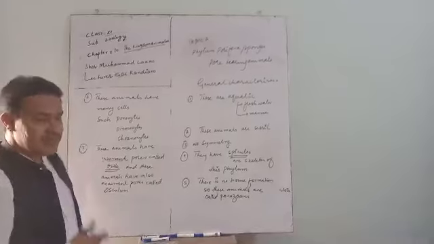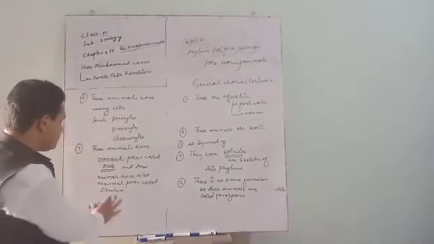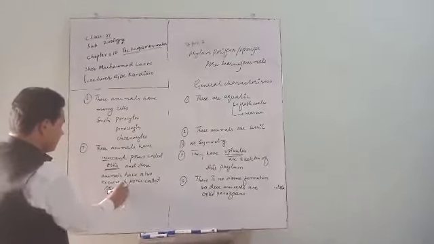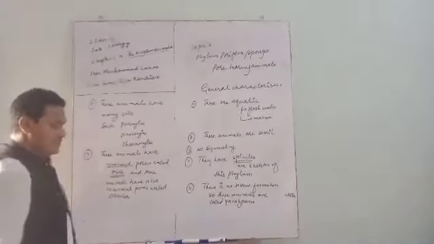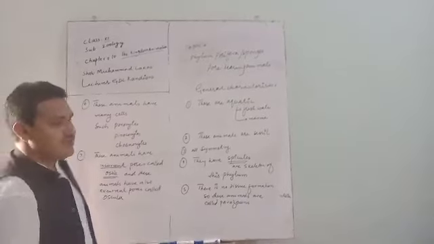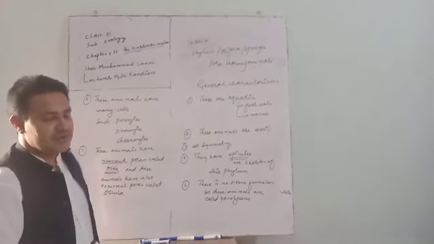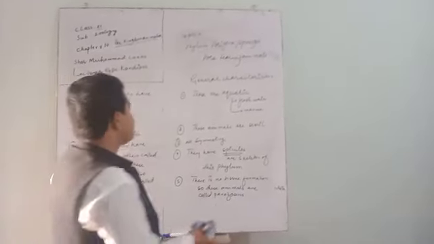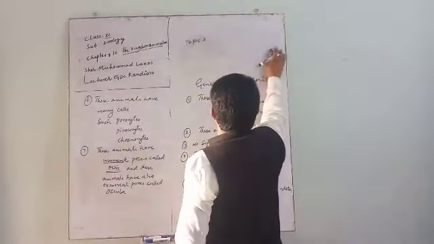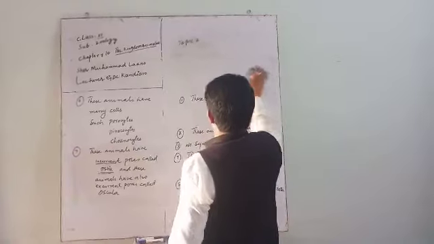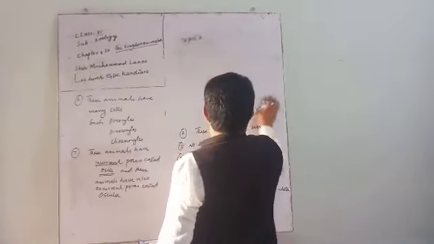If there are many, then they are called oscula. What is the function of oscula? Water leaves from the body. These animals have a digestive cavity that is called spongocoel.